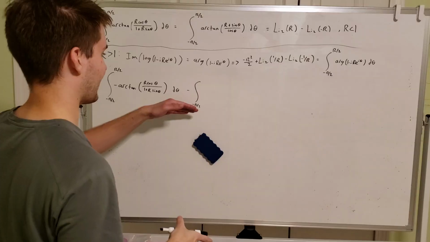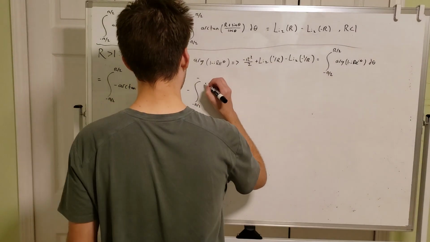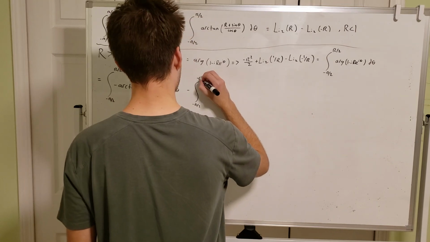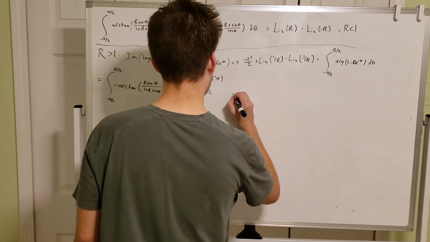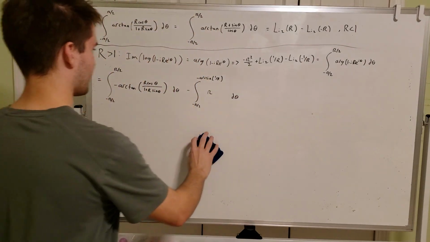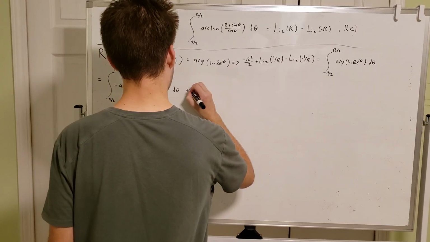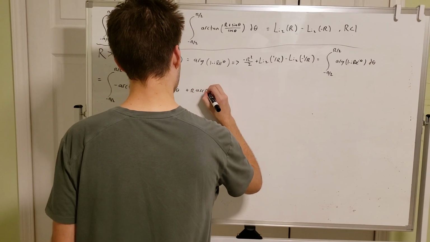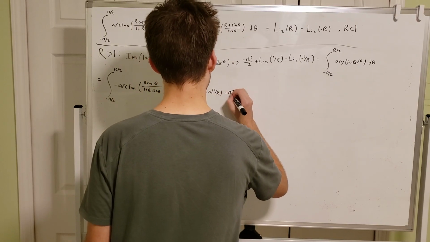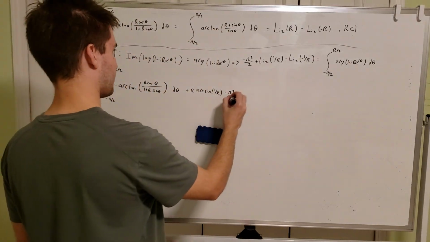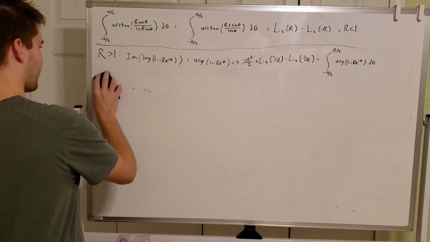Remember, this bonus term is 0 outside of that range I mentioned, but here we'll have a pi d theta. And this is just going to be arc sine 1 over r minus pi squared over 2. And wow, would you look at that? Constants cancel.